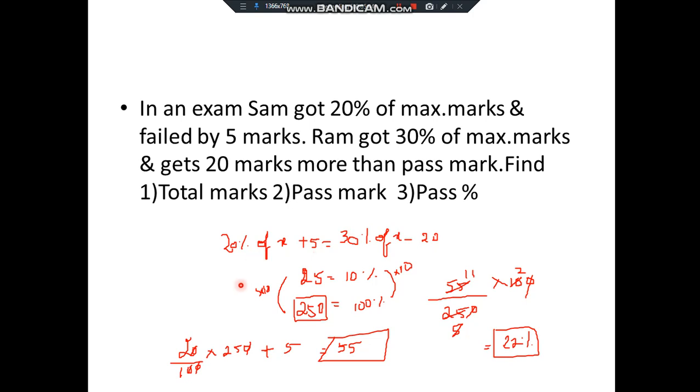Whichever is convenient you can use. So 20 by 100 into x, we have found it as 250, plus 5. Finally, you will get it as 55. So the pass mark is 55. Even if you try with 30% of x minus 20, you will get the same answer, 55.